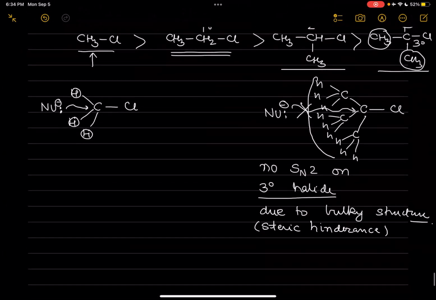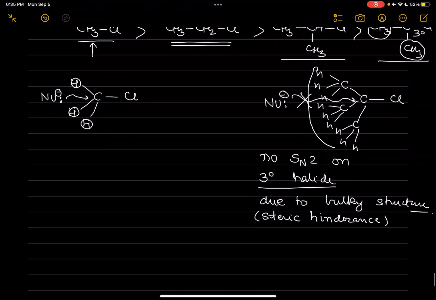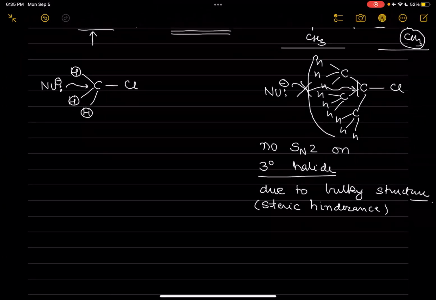No SN2 on tertiary alkyl halide. Imad, Absar, Ryan, is it clear? No SN2 on tertiary carbon. Why? Because you can see how branched, how bulky, how large the tertiary carbon is. So the nucleophile can't come in and attack the C-Cl bond.